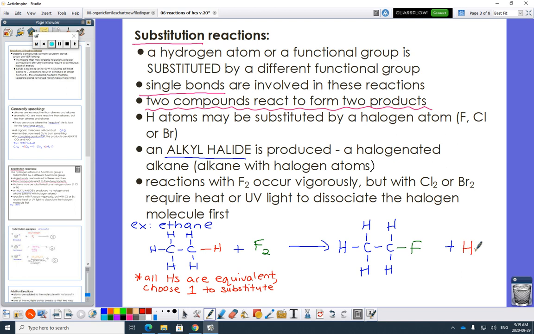Where's it going to go? With the other F. It'll be one of them, Cl2, Br2, or F2. So I just picked F. It could be Cl2, it could be Br2.